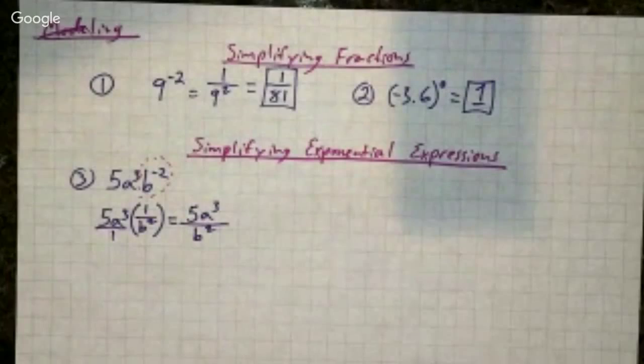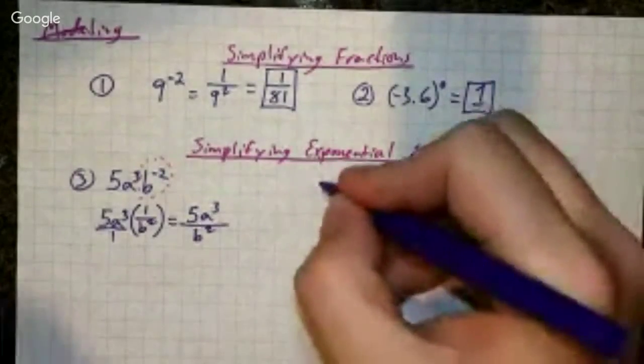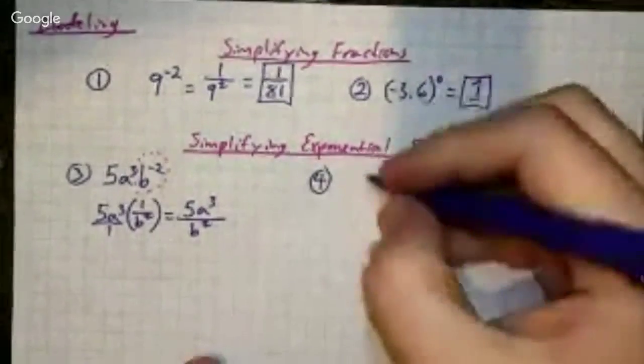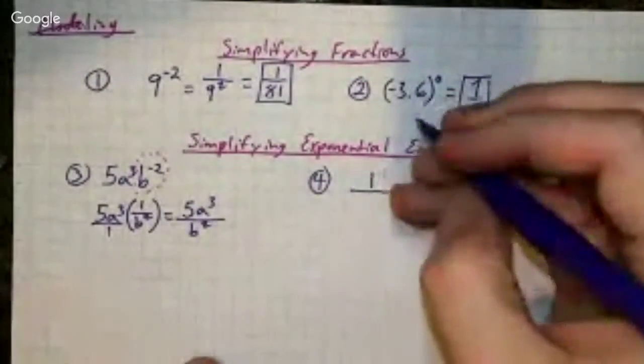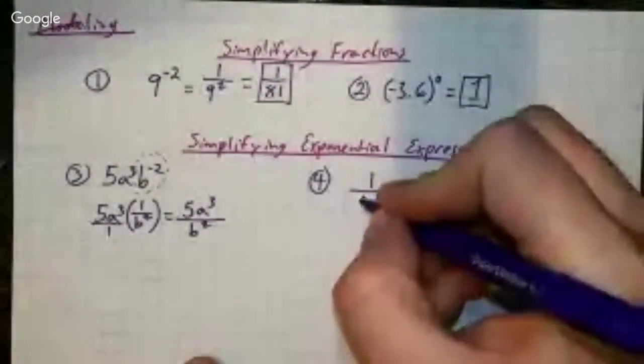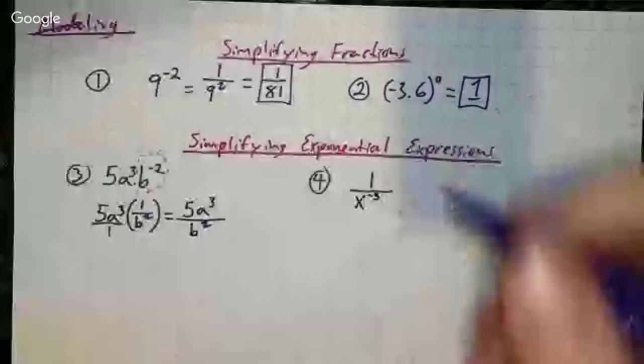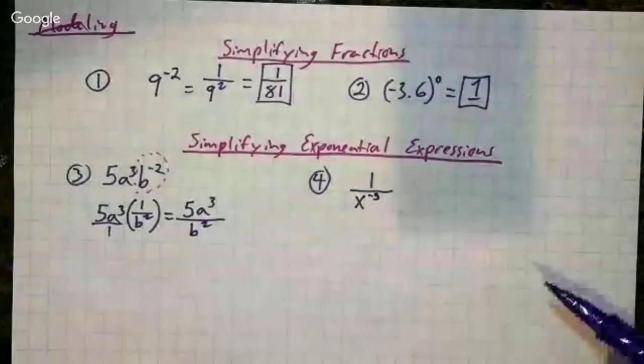All right, now let's take a look at something a little different, a little strange. What if we had something like this? 1 over x to the power of negative 5. Now, negative in the exponent.